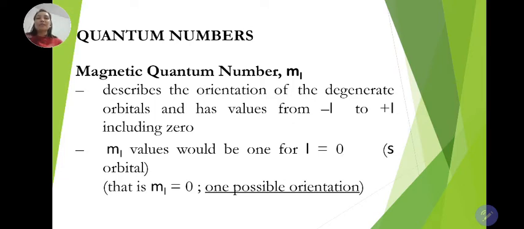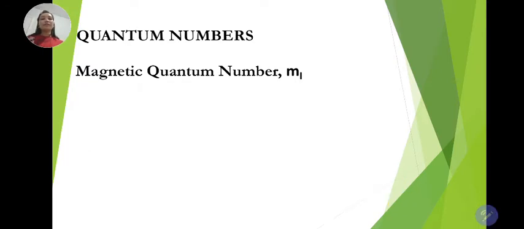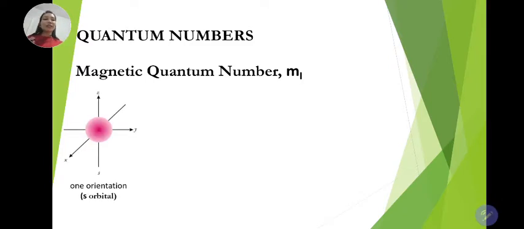We have one possible orientation only. Ito yung either positive or negative. So, yan yung dalawang spins niya na possible. So, for the S orbital, we only have one orientation dahil sa size niya.